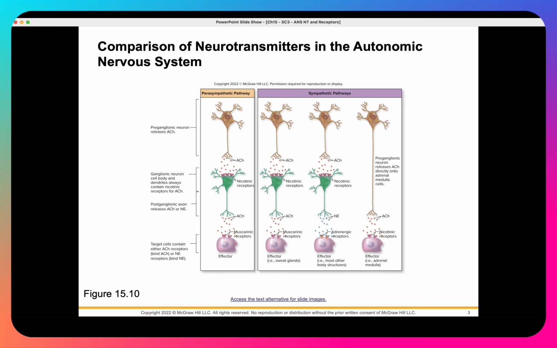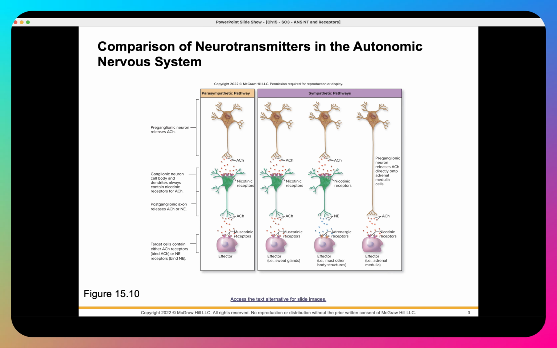Now, if we look at the target, look at the type of receptor here. Those are muscarinic receptors, and the mechanism is a little bit more complex, but we want to think of the muscarinic receptors as suffering an identity crisis. They can be excitatory or inhibitory, and that's going to be dependent upon the target.